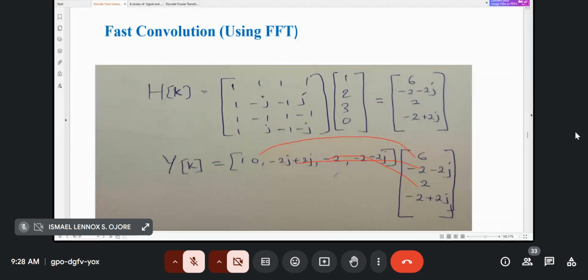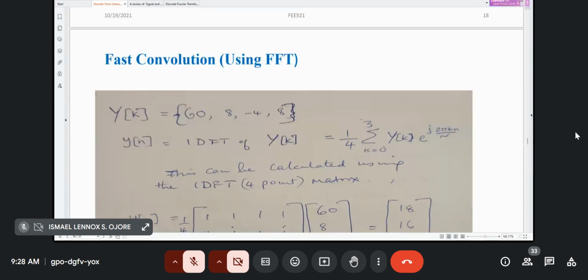We are doing element-wise multiplication. So the best way, to avoid confusion, is to put them as columns so we can multiply directly. And that would give us this.